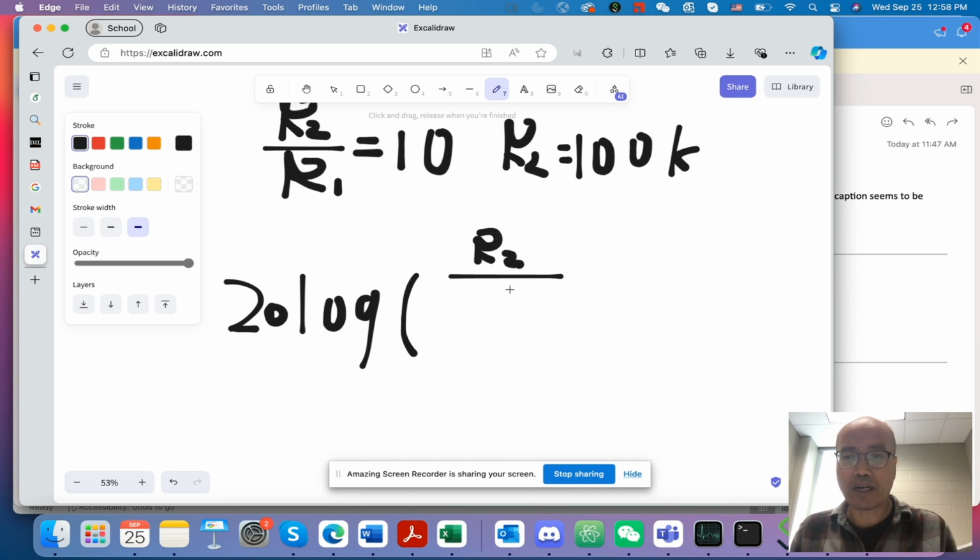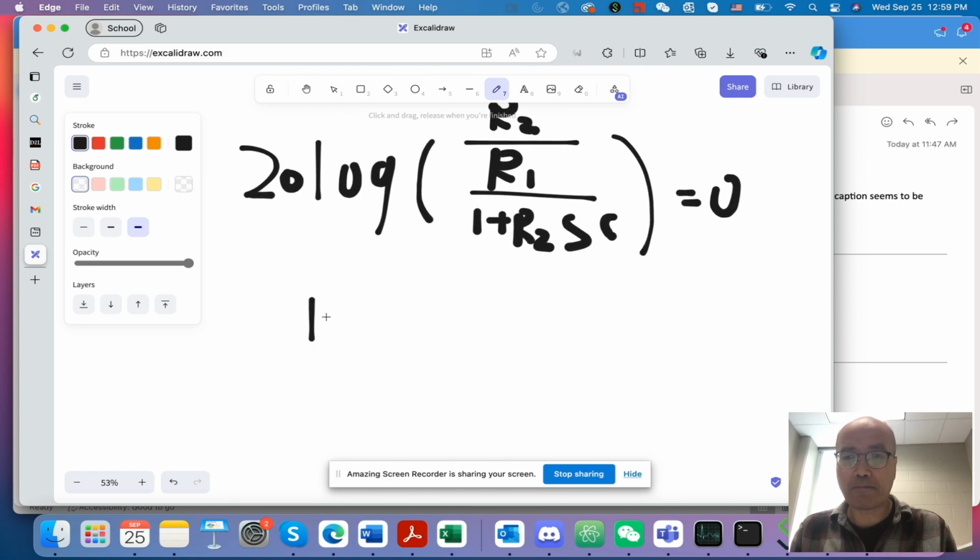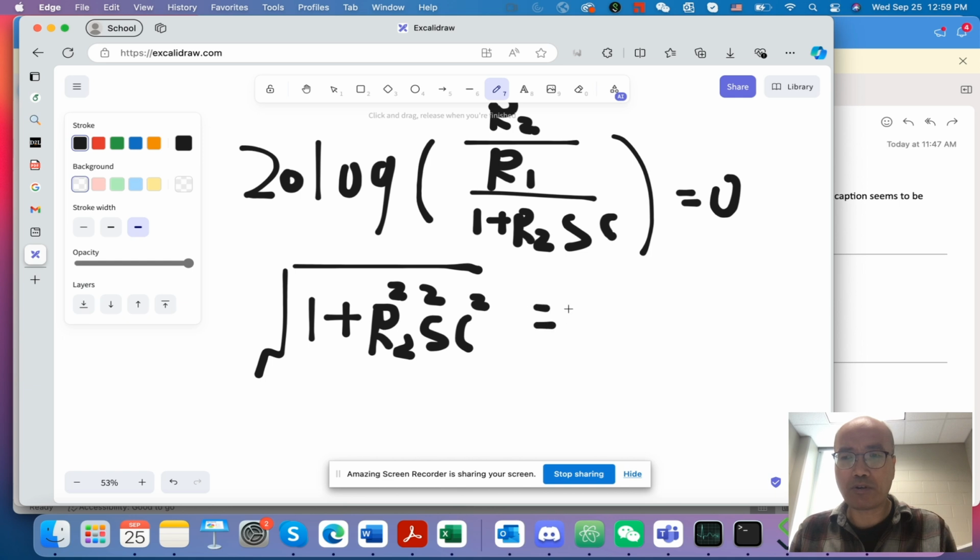R2 and R1 we both know, and 1 plus R2 SC squared, square root, equals 0 dB.